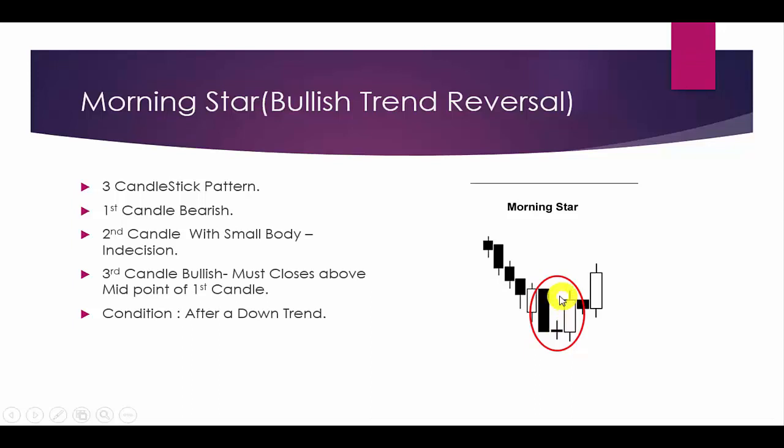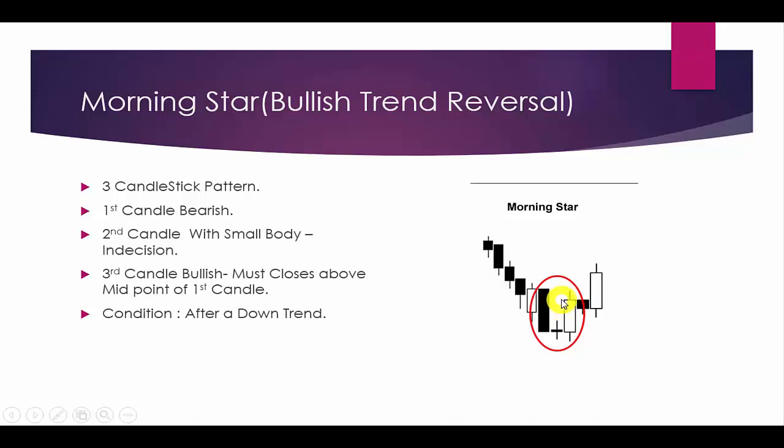So basically, what is the sentiment or psychology of this pattern? It means that when the market was falling, first there was indecision and now bulls are coming back, and they have bought the market from this session up to this level. So they are now continuously buying the market and bulls are back.